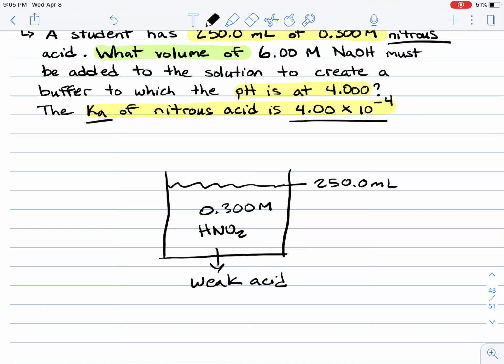Having a weak acid alone does not make this a buffer. For a buffer to be formed, we need a weak acid plus its conjugate base. The combination of those two components inside our solution will give us a buffer.